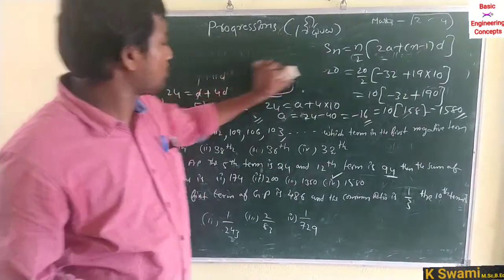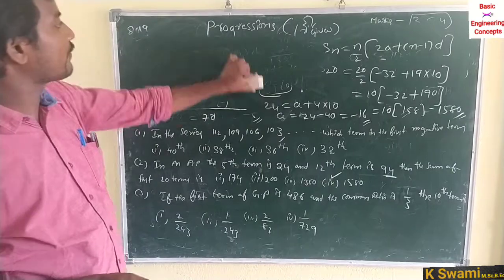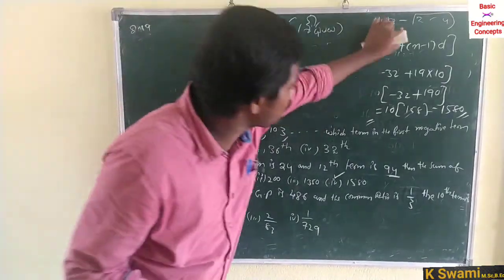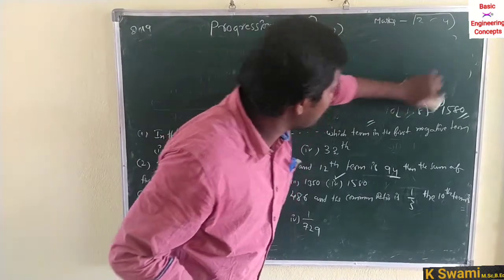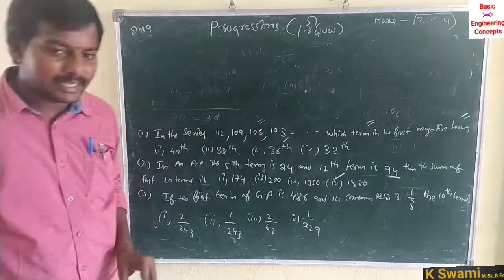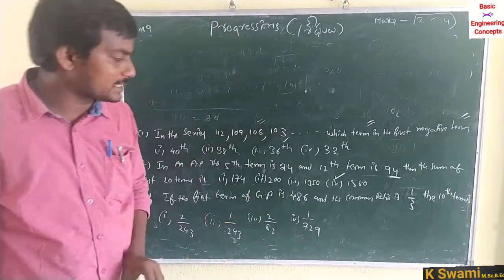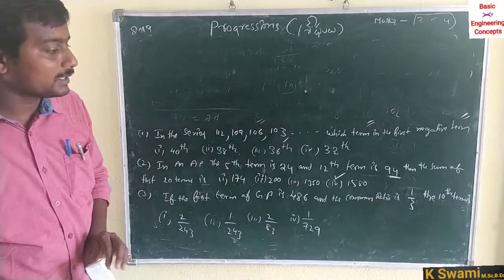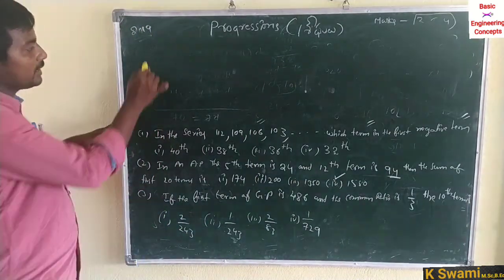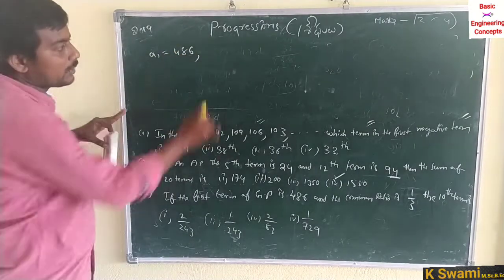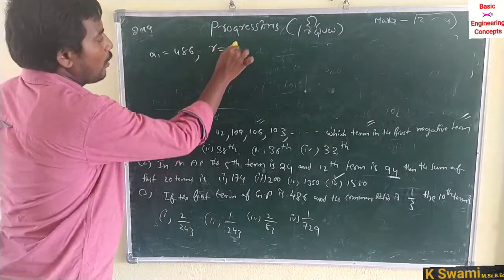And the third question in 2019 from progressions: if the first term of a GP is 486 and the common ratio is 1/3, the 10th term is? First term A1 is equal to 486 and common ratio R is equal to 1/3.